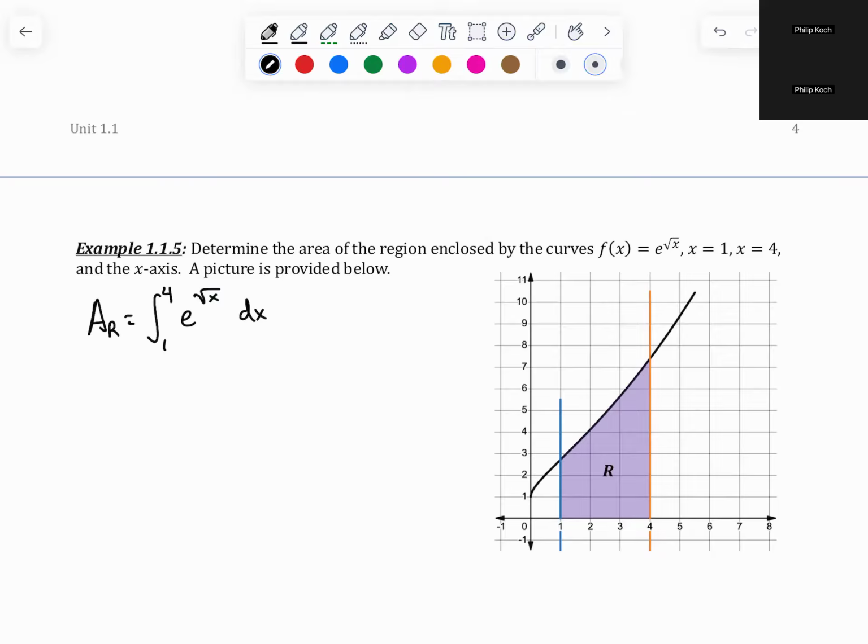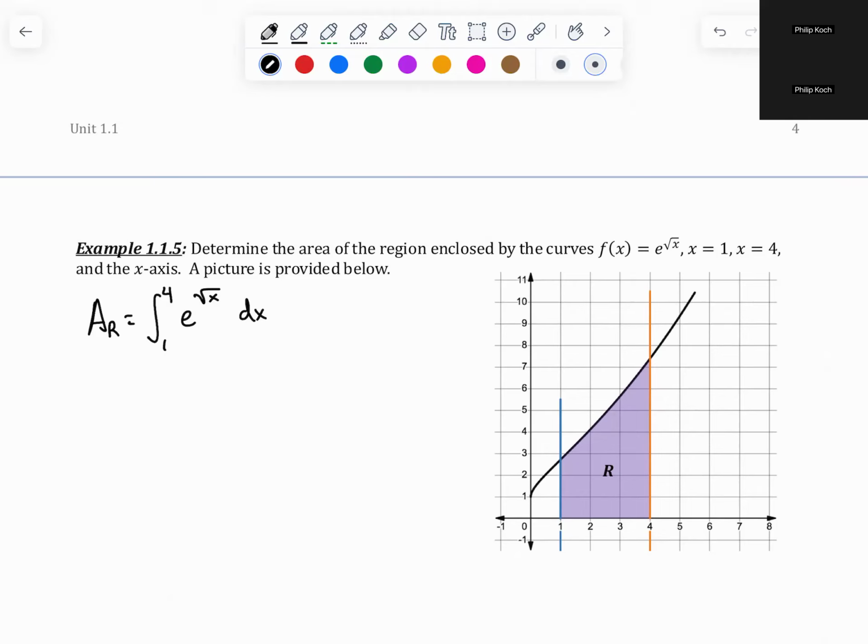Now here's where things get interesting. Right now the only options at our disposal are u substitution and integration by parts. You can try integration by parts right from the start, but I think you should just try it for a second to see that it becomes nasty.